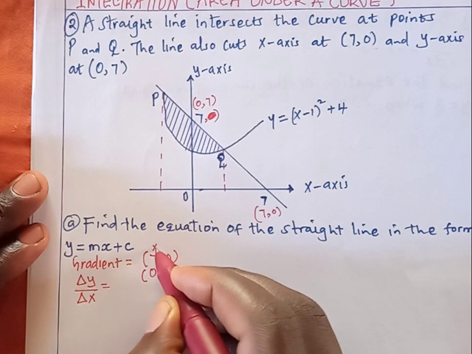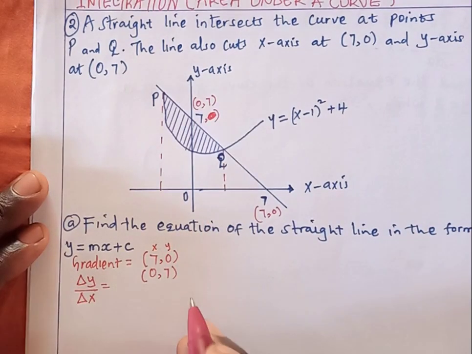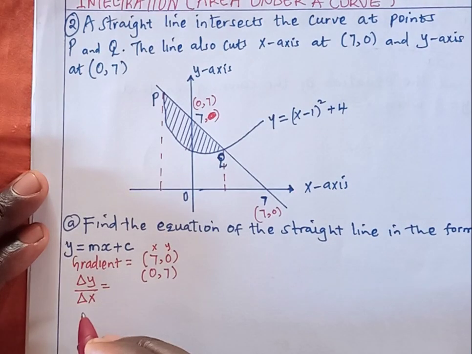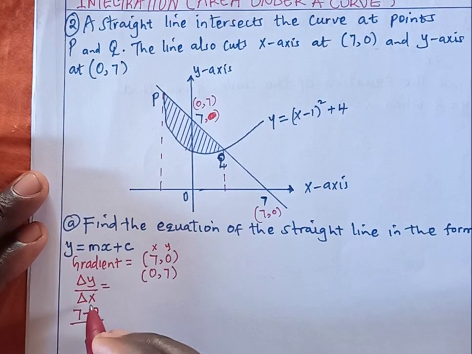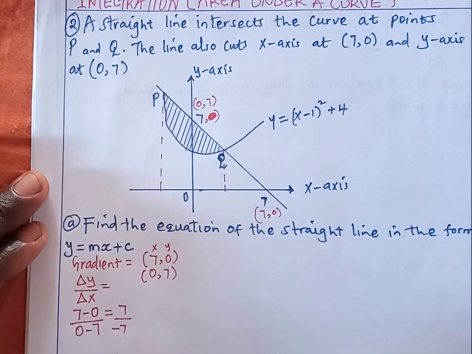These are the x values, and these are the y values when you move downwards. Now a change in y is y2, which is 7, take away 0, and then we divide by a change in x, where we take x2, which is 0, take away 7. The numerator gives 7 and the denominator gives -7.